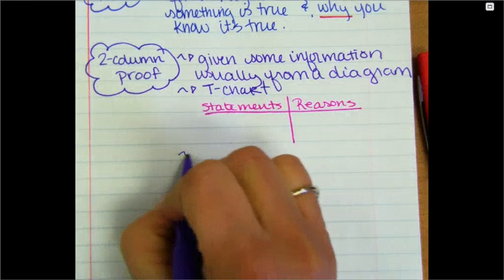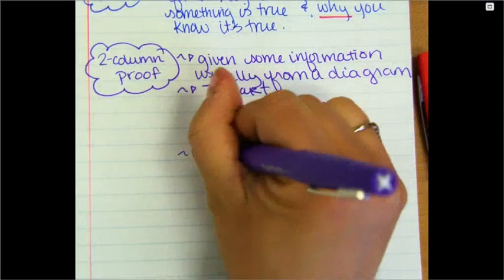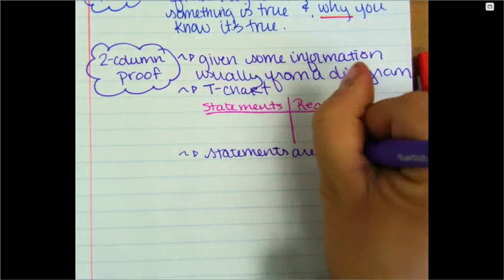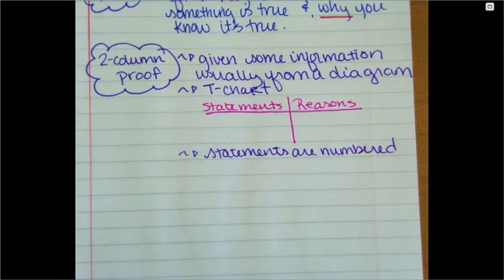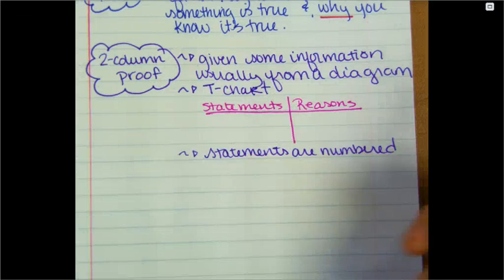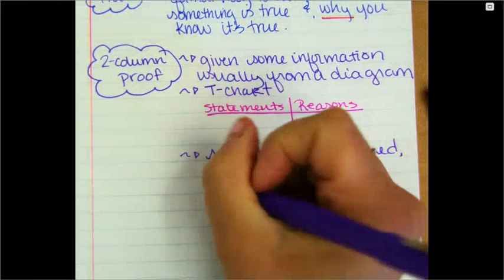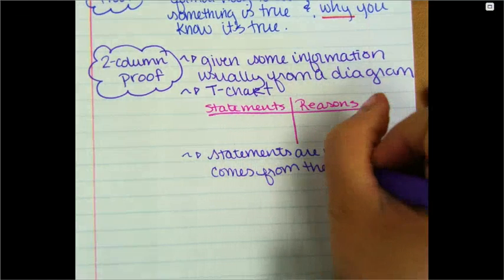Then, within this two-column proof, so this is what it looks like, your statements are numbered. They have to be numbered. Right, they're numbered. Your information comes from the given info.